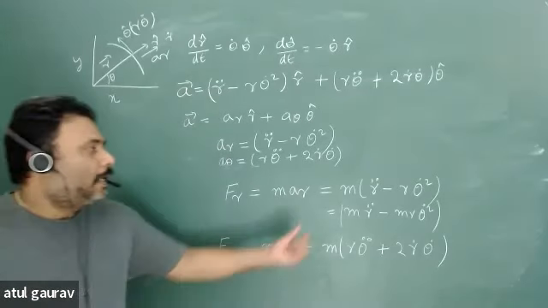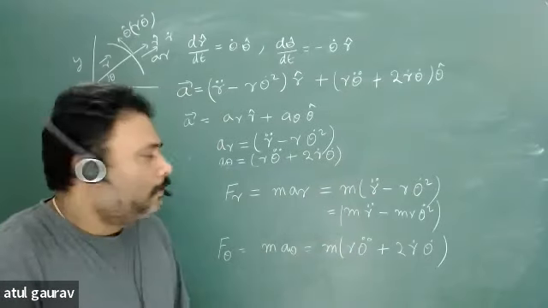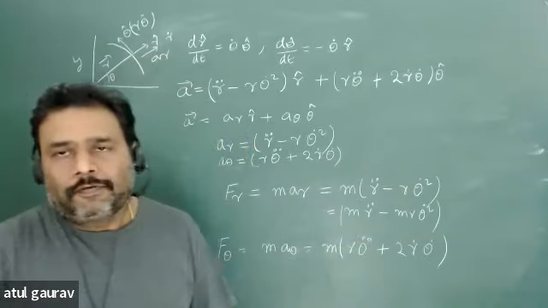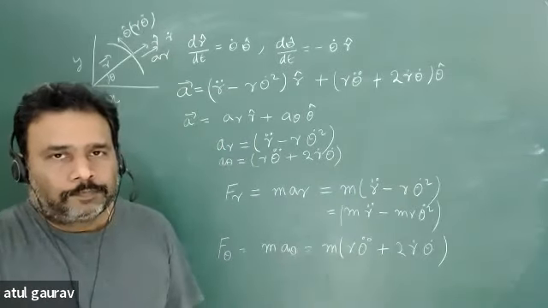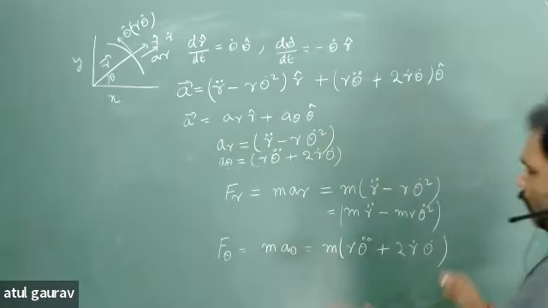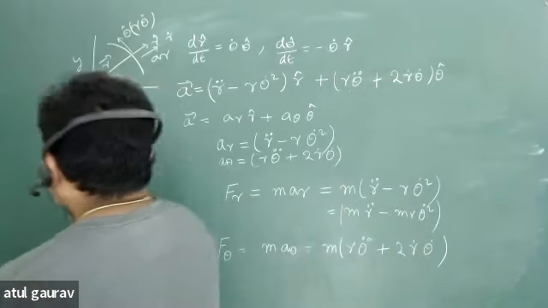Here, r double dot or theta double dot alone will not work. You have to use the expression of AR and the expression of A theta. This is very interesting.